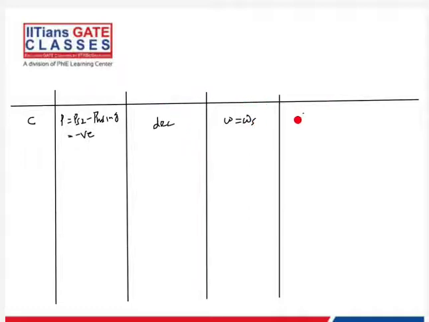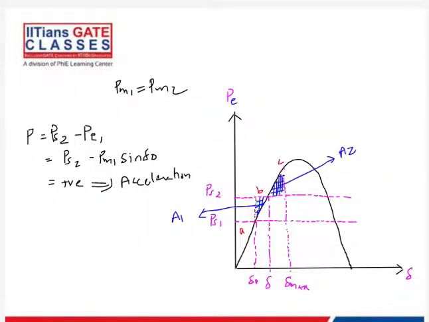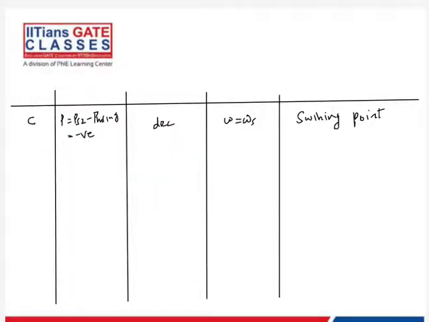So this is going to be a swinging point. What happens? Right now, omega is equal to omega s, and there is a deceleration. So what will happen at this point? Delta will start reducing, right? So at this point, omega is equal to omega s, but there is a deceleration. So delta will start reducing. So you are going to start swinging back.